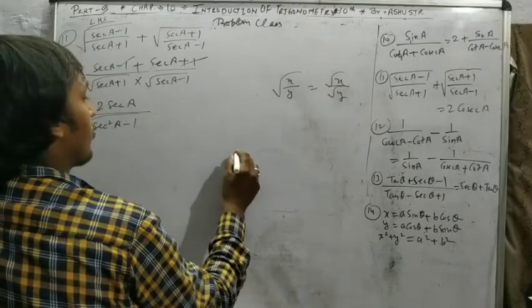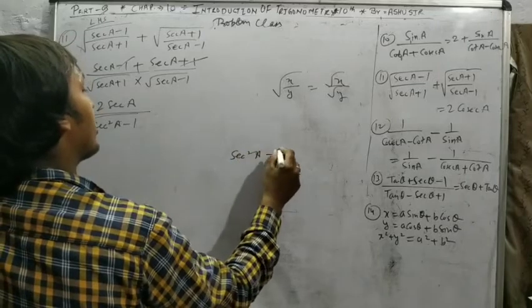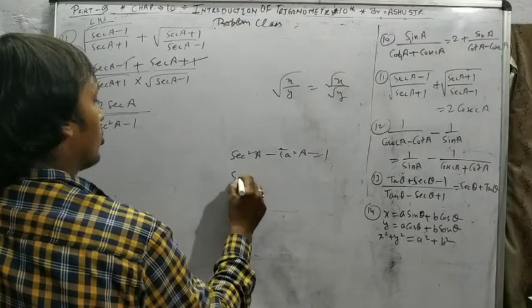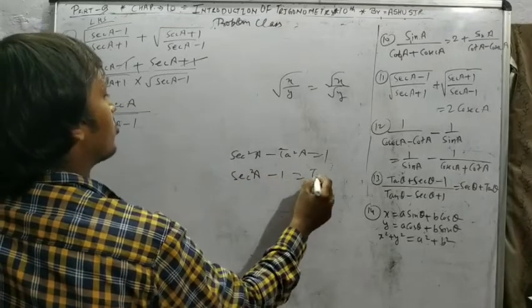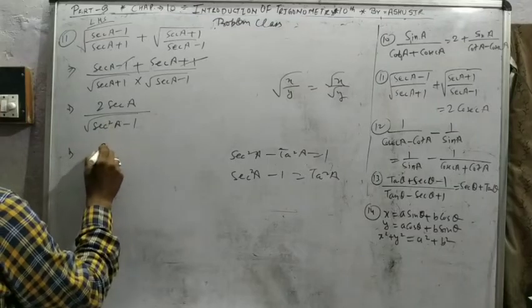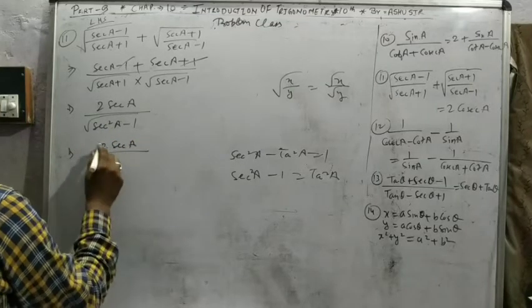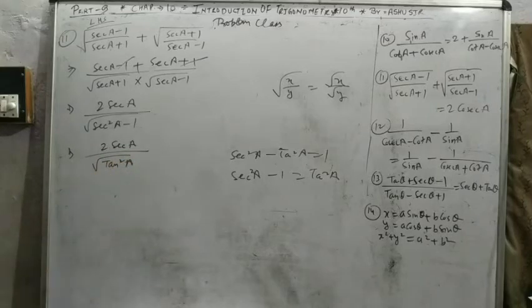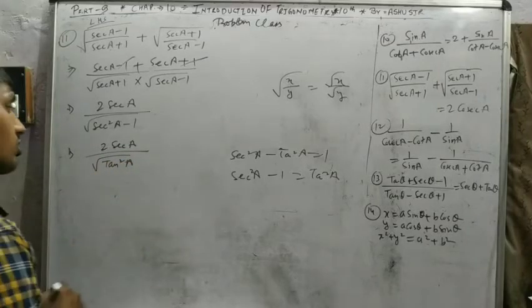So sec square A minus tan square A is equal to 1. So sec square A minus 1 is equal to tan square A. So in place of this we can put tan square A. But we want to prove it in terms of cos.